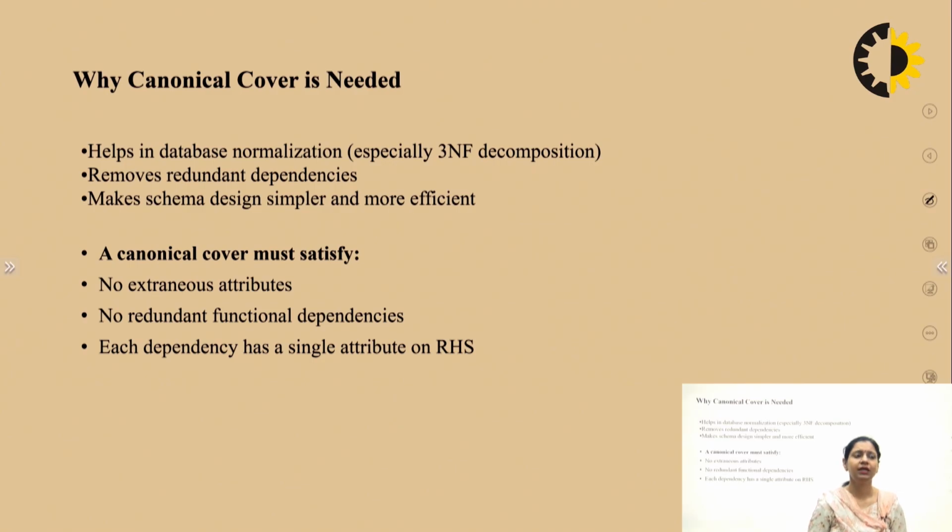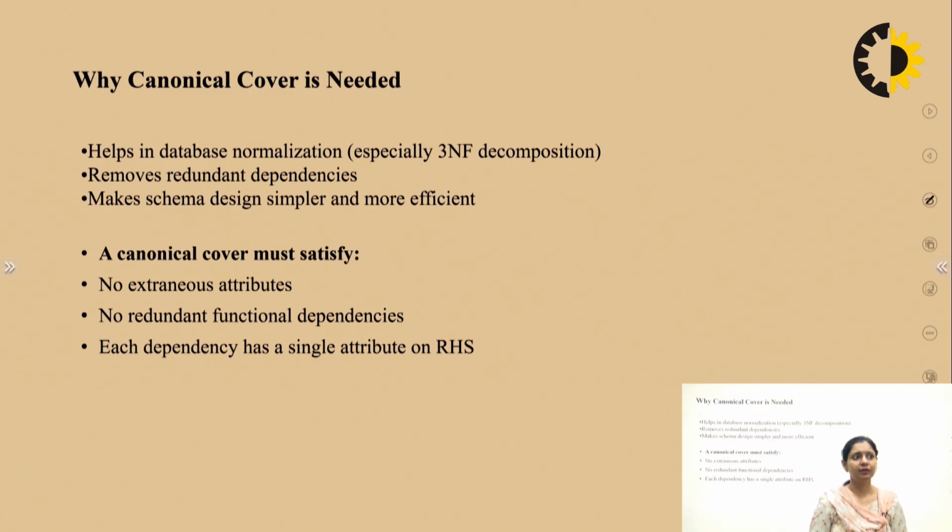The second point, it removes the redundant dependencies whenever we are working with functional dependencies. There are some duplicate redundancies which we will identify and try to remove. Number three, it makes the schema design simpler and more efficient to use because the redundant data is removed. We are having the minimal cover with us and hence the design becomes simpler and efficient.